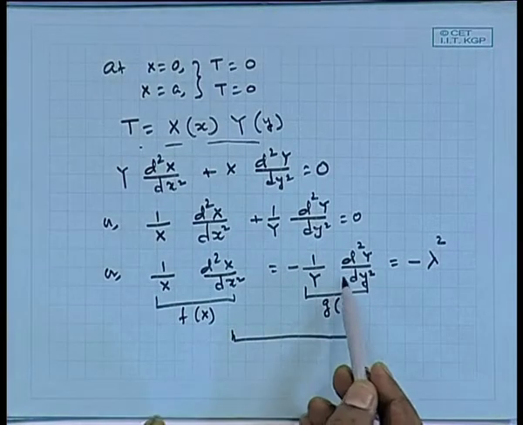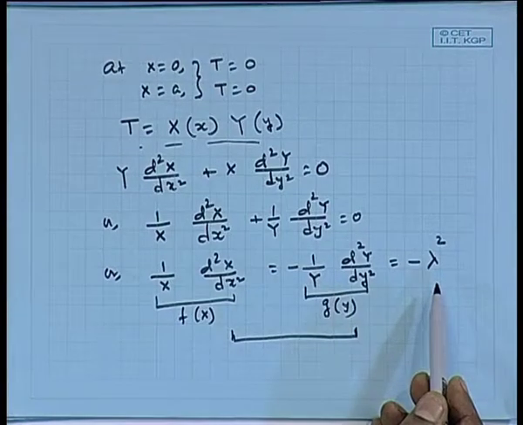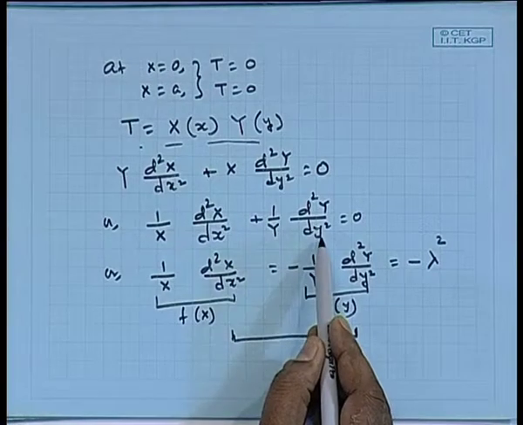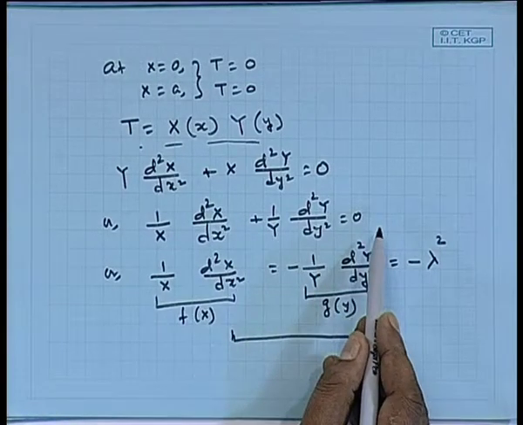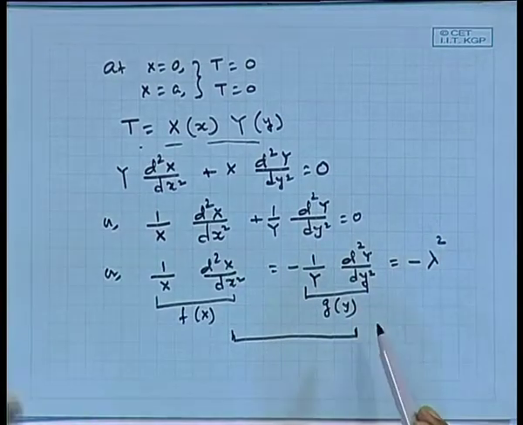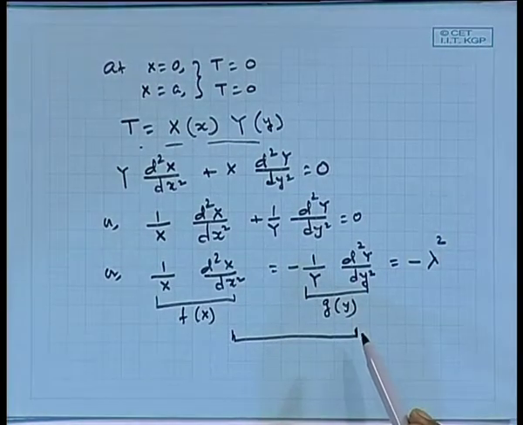That is why I could have associated y with this. That means, I could have said 1 over Y d²Y/dy² is equal to minus 1 over X d²X/dx² is equal to minus lambda square. In that case, since one of the boundary conditions in the y direction is not homogeneous, you cannot have a standard eigenvalue problem in the y direction. That is the criterion of the selection. Okay.